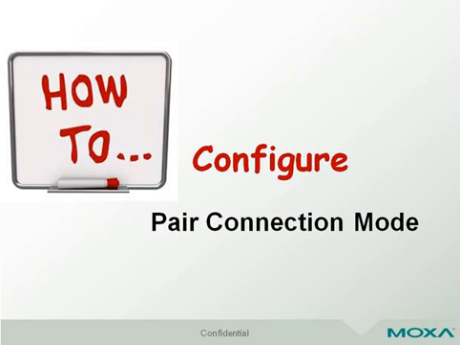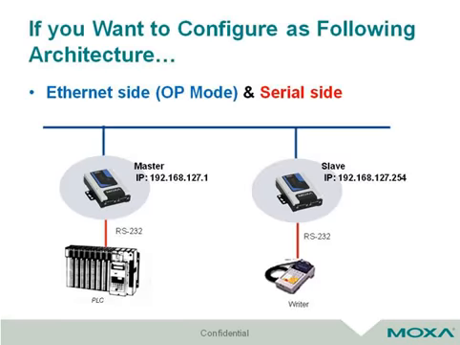Above all, you have to know what pair connection is. Okay, now let's move to the configuration part. This is the architecture we would like to configure. For the configuration, we have to configure the Ethernet part and the serial part.